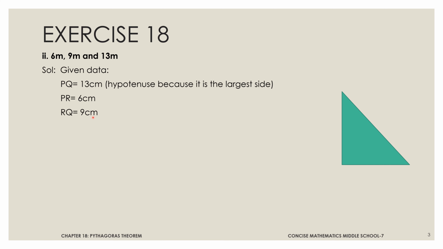We have to check whether it is a right angle or not, right? Since we are going to check it, we are assuming it is a right angle triangle and naming it as PQR. It's just an assumption, right?